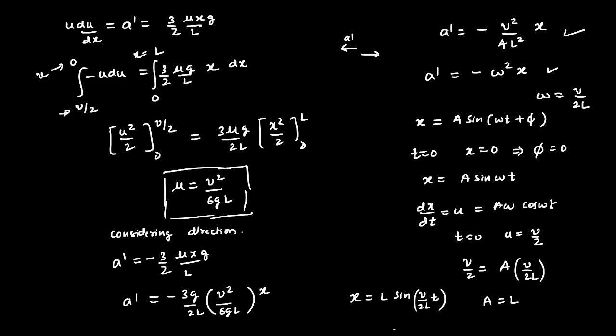That's our function. Once we have this, we can easily find out after what time A stops moving relative to the BC combination. For that, let me take x equals L times sine of Vt by 2L. When relative motion stops, x would be L. Then t becomes capital T, let's say.